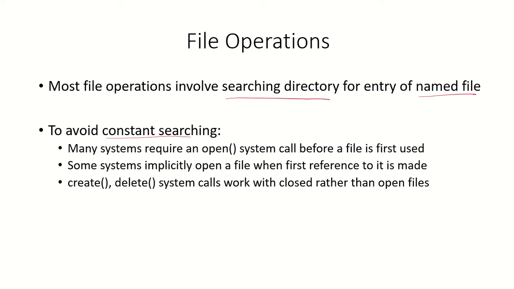And to avoid the constant searching, many systems require an open system call before a file is first used. Like if it's a read operation or a write operation or repositioning operation, that means the file has to be first opened. So some systems will implicitly open the file when the first reference is made, so that there are not repeated searches in the directory for multiple system calls.